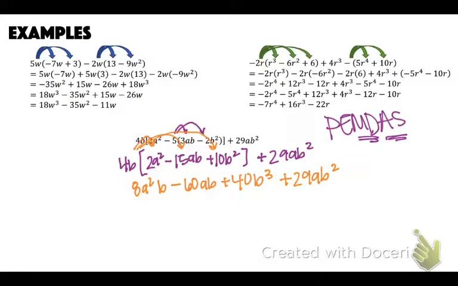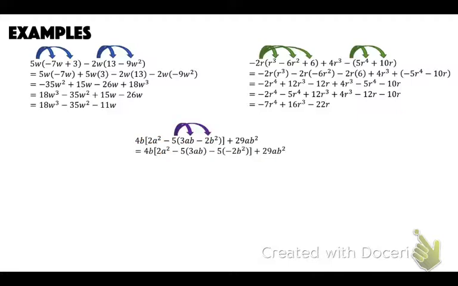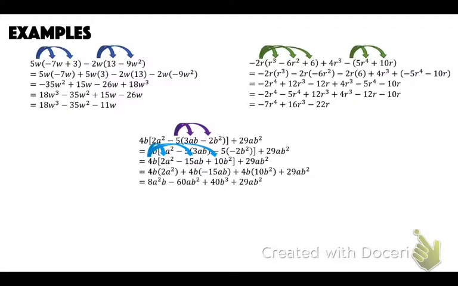Okay, so we distributed that part and got negative 15ab and positive 10b squared. Then distributed that in, and we get 8a squared b minus 60ab squared plus 40b cubed plus 29ab squared, which is not what I ended up with. But what did I try to combine?